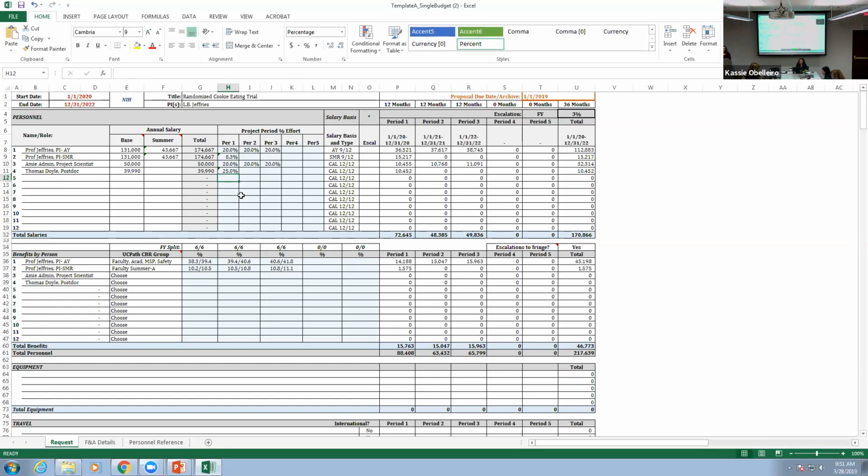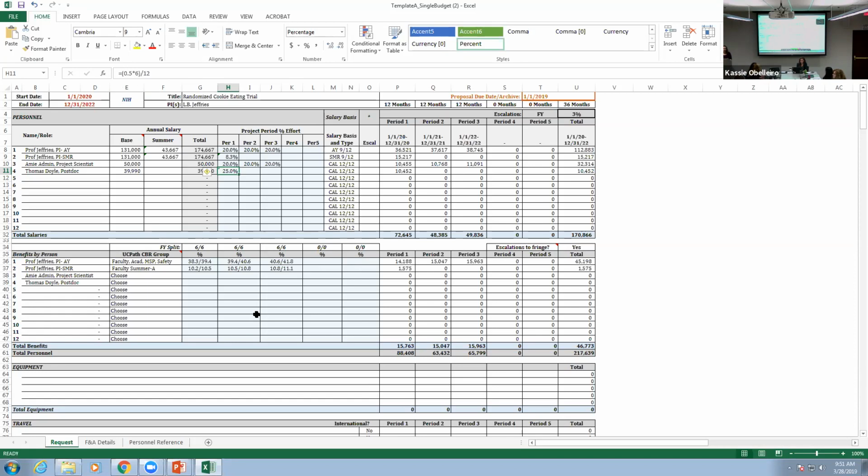All right. So I'm going to leave that up there. Basically, you're going to take your percentages, and this is on our little formula sheet as well. Whatever percentage there, you're going to multiply it by the number of months in that project period, and then divide it by the number of months in that project period.